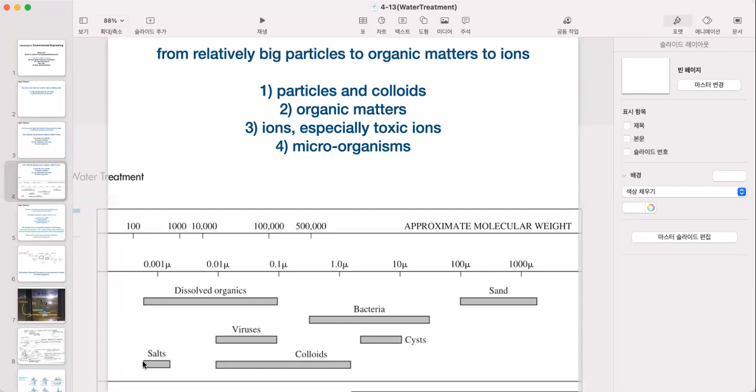If you drink it, you can actually worsen your thirst, right? So we have to remove sodium and chloride out of seawater to make safe drinking water. That is what we call the desalination process. All of these, from particle, colloid, organic matter, ions, and salt, everything has its own index.